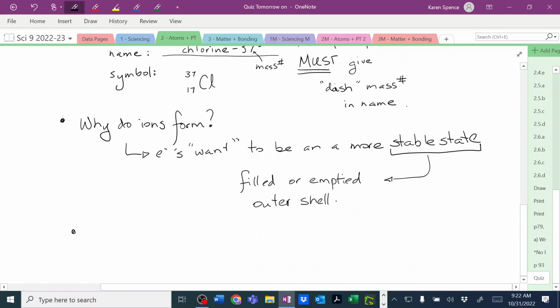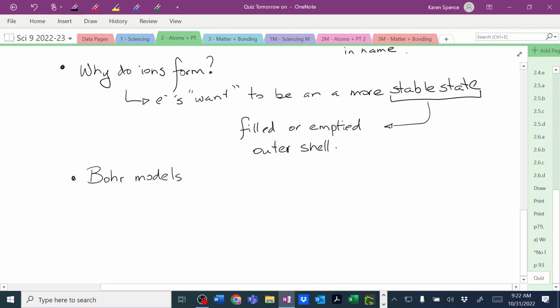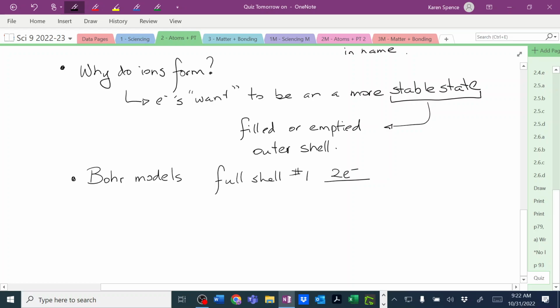There's going to be Bohr models on the quiz. The first shell is a full shell. Number 1 is how many electrons? 2. Full shell number 2 is how many electrons? 8. And full shell number 3 is 8 electrons.